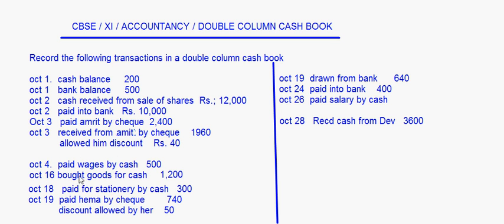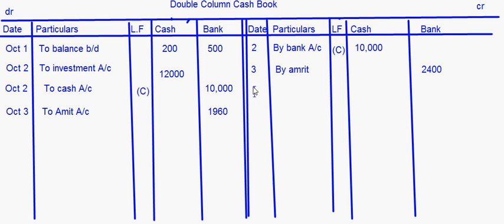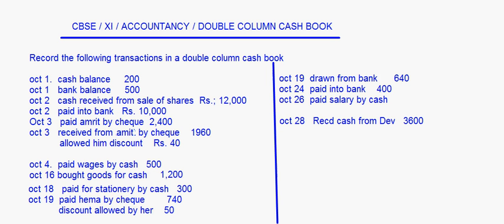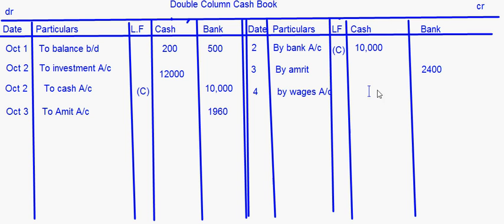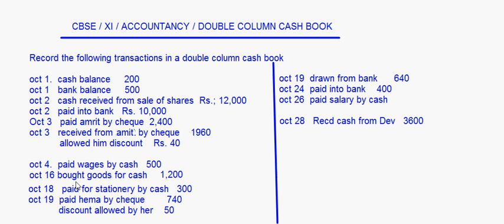Okay, now come to this October 4th, paid wages by cash rupees 500. So this is a cash payment for wages, right? So here I'll have by wages account, right? And this is paid wages by cash 500 rupees, right? So in the cash column you will have 500 like this, right? Okay, now the next entry, bought goods for cash. When you buy goods for cash, it is basically purchases, right?